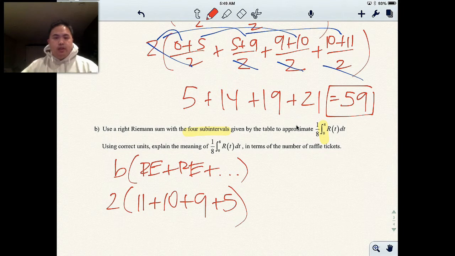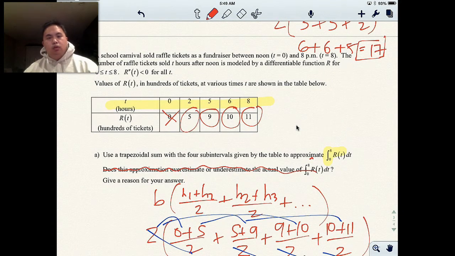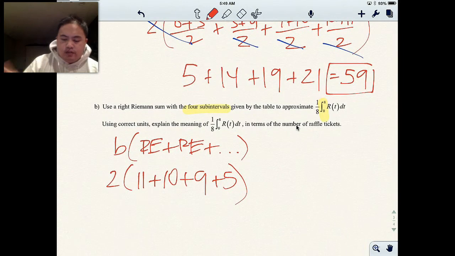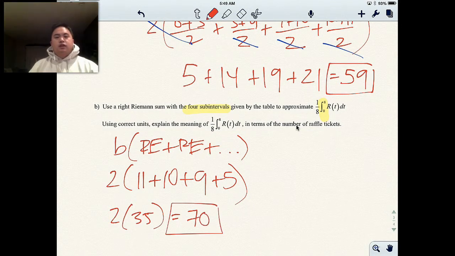So I start from the right and get my first 4. I am not counting this one because I'm doing a right Riemann sum. I just take the first 4 from the right. So if I add this all up, I'm going to get 21, 30, 35, and I get 70 for my right Riemann sum. Okay? So you can tell these right and left Riemann sums are very inaccurate.